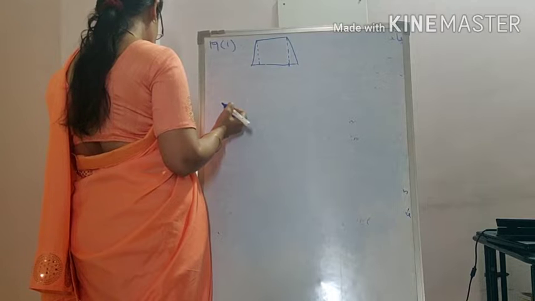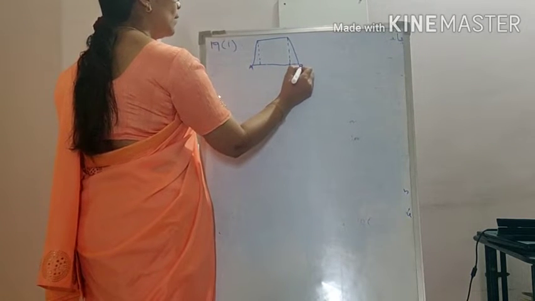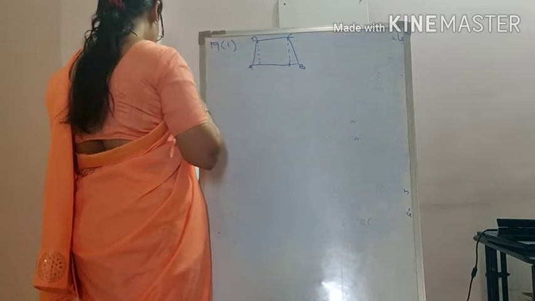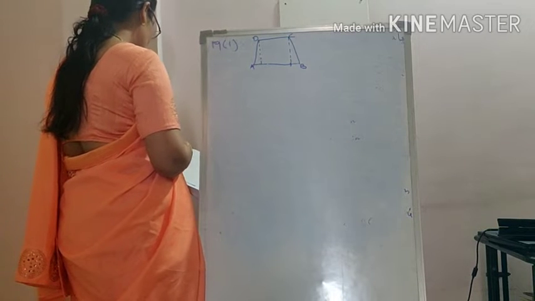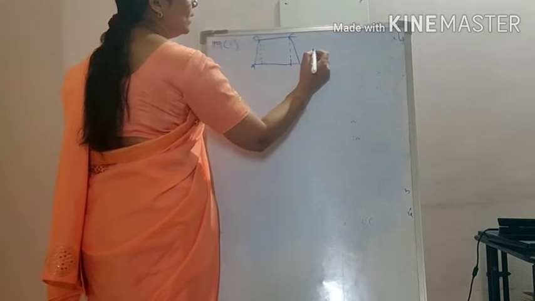And he said that the vertices are named A, B, C, D, and he is saying AB is parallel to CD.